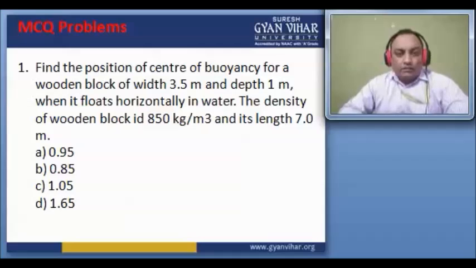The density of the wooden block is 50 kg per meter cube and its length is 7 meter. So what will be the answer? Find the center of buoyancy.